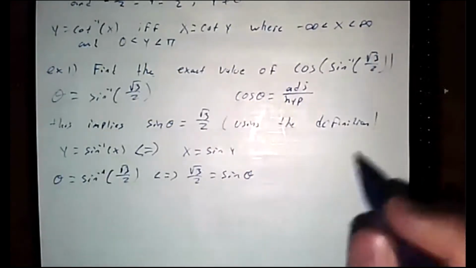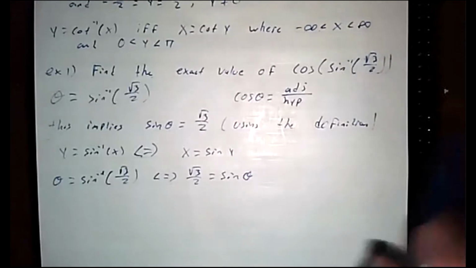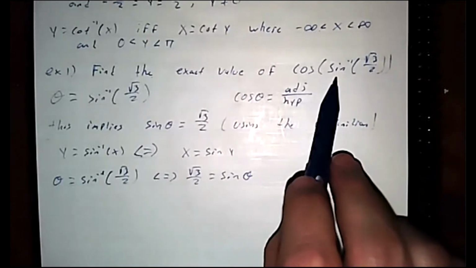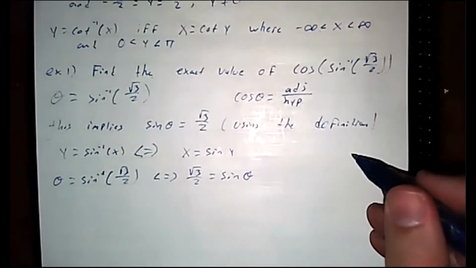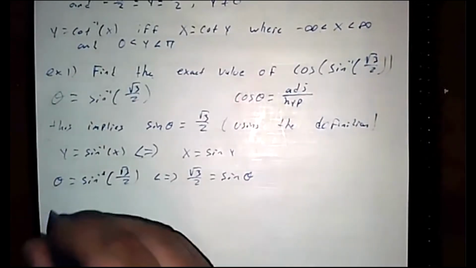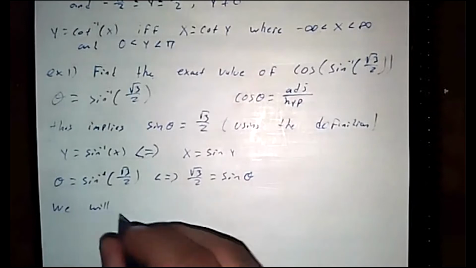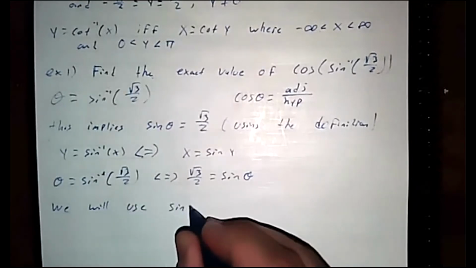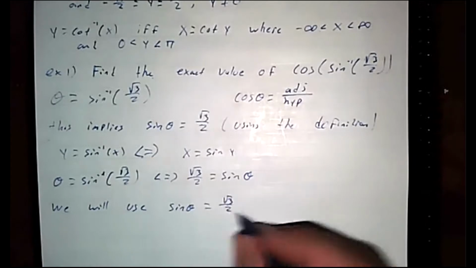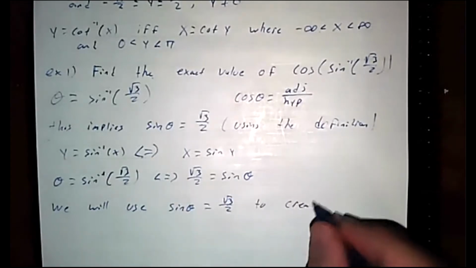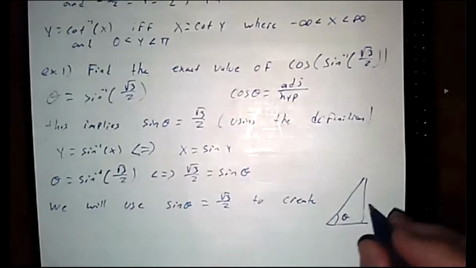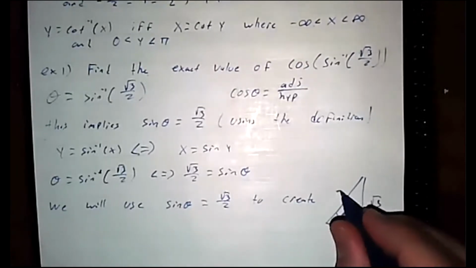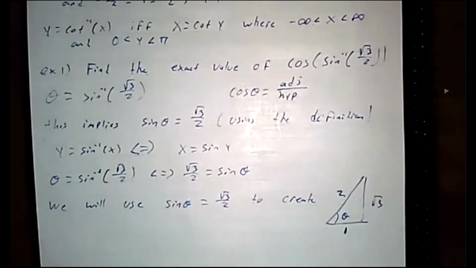Okay, so anyway, the original question was what? Cosine of sine inverse, right? So we will use sine theta equal to square root 3 over 2 to create a triangle. So here's theta, opposite over hypotenuse. When you do Pythagorean, this will be 1.